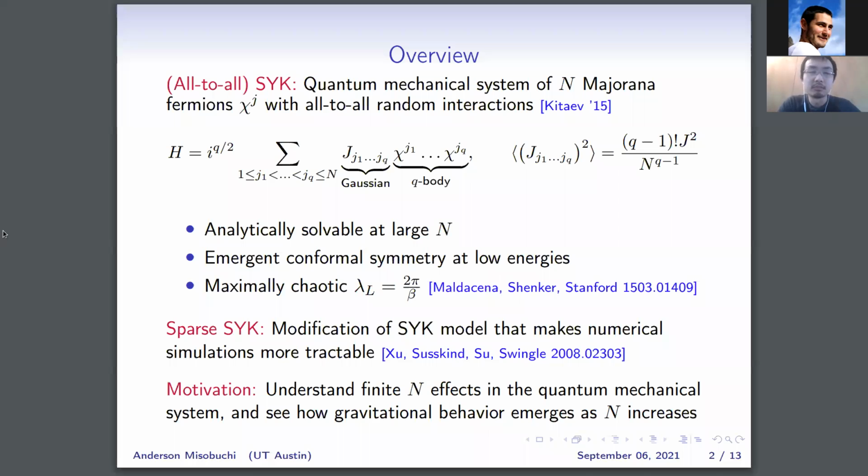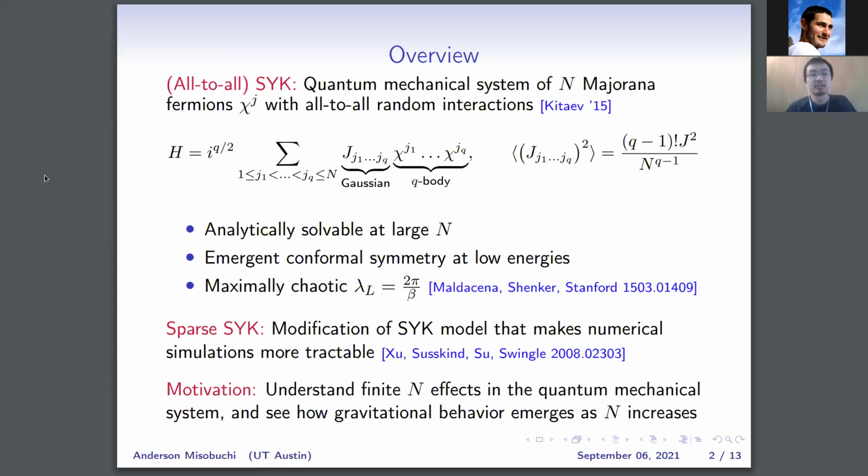It's a quantum mechanical system of N Majorana fermions, coupled via random interactions J. These interactions are sampled from a Gaussian with zero mean and variance given by this expression, which has a parameter J that sets the energy scale of the theory. The Majoranas interact Q of them each time, and we take all possible combinations of Q Majoranas. This is what I am calling all-to-all.